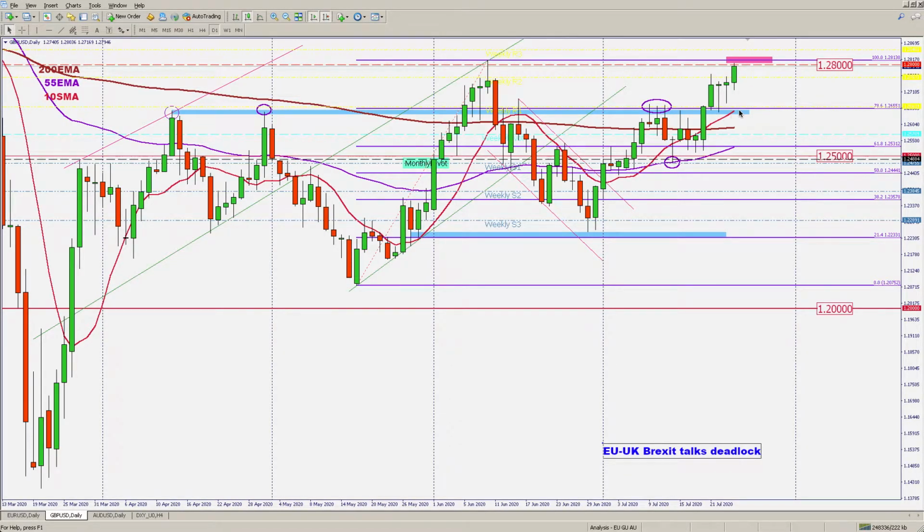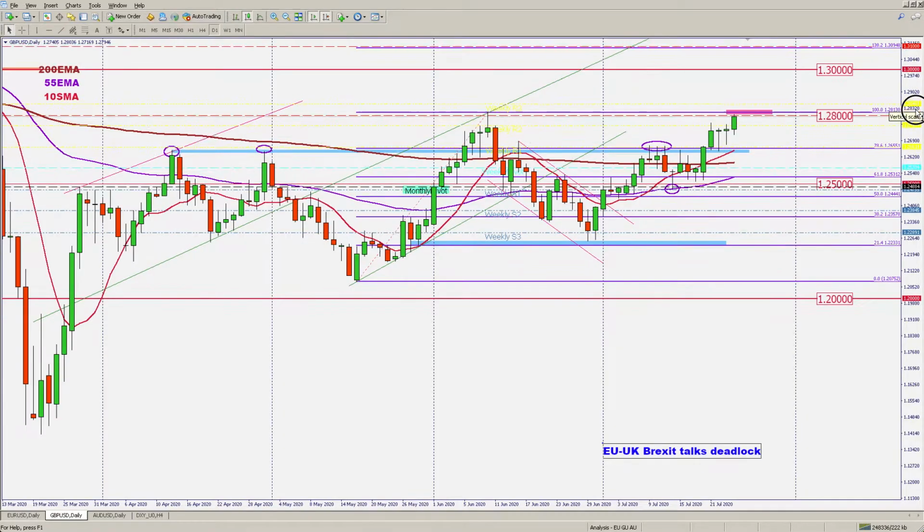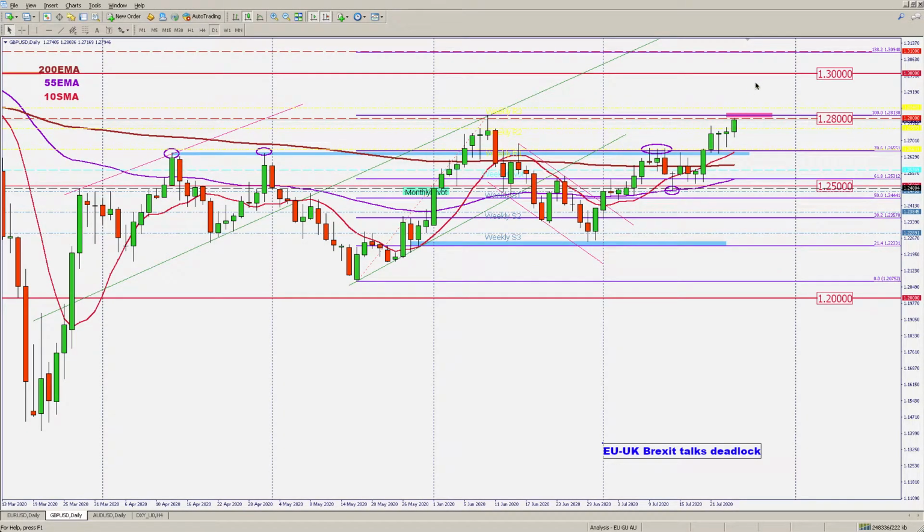For now, the support is back at the 78.6 fib retracement level after this breakout. Beyond that, it needs to break through 130, and with this bullish Fibonacci extension here, it aligns with the 131 level, which is at the 138 fib extension area.